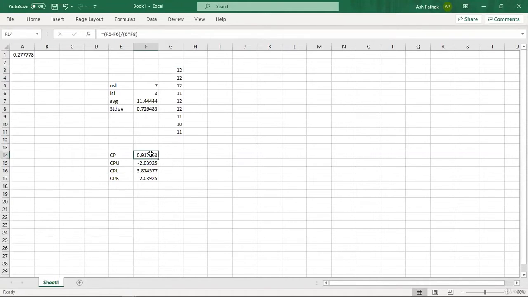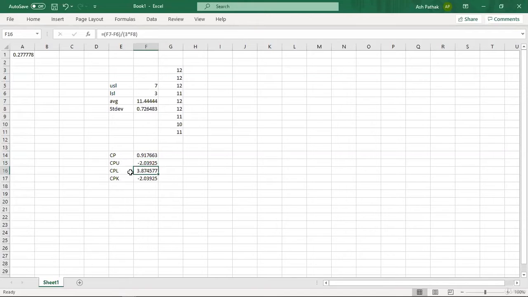For CP, I took USL minus LSL and divided it by 6 times the standard deviation. For CPU, I have taken USL minus average divided by 3 times the standard deviation.